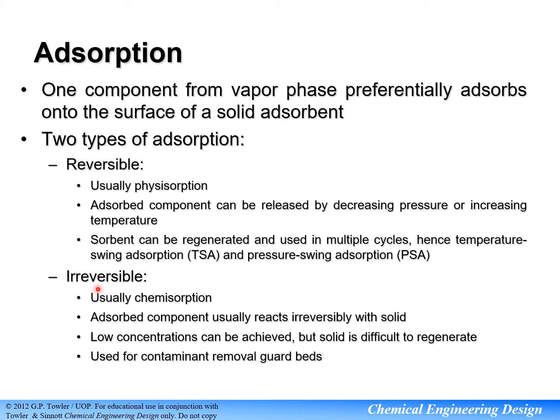For irreversible adsorption, during the process the adsorbed component usually reacts irreversibly with the solid. So low concentration can be achieved, but the solid is difficult to regenerate, unlike reversible, where the solid sorbent can be regenerated. Normally, irreversible adsorption is used for contaminant removal in guard beds.